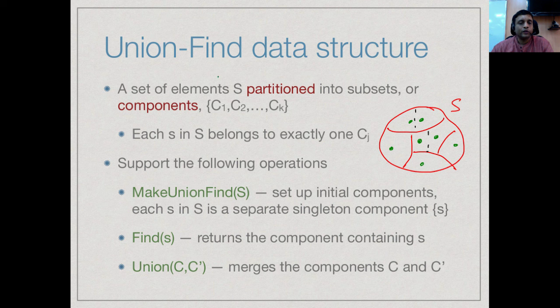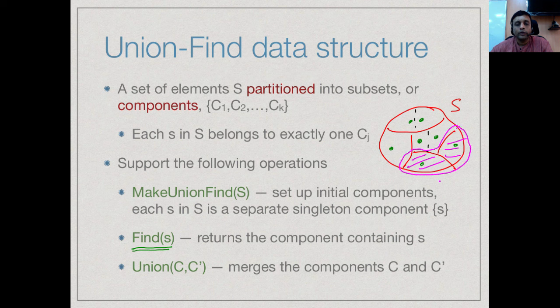We will call it union find because the two operations we actually support on this data structure are called find and union. Find is a query operation. It says given an element S, let me know which component it belongs to currently. It doesn't update the data structure, it just queries the data structure and tells us in which of these partitions S currently lies. Then we have an update which allows us to take two partitions, say these two, and combine them into a single partition.